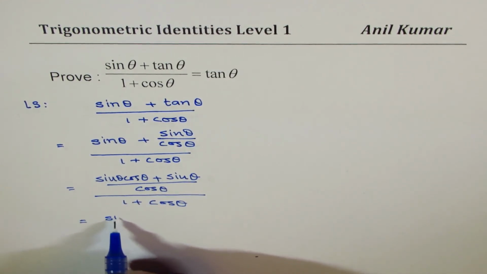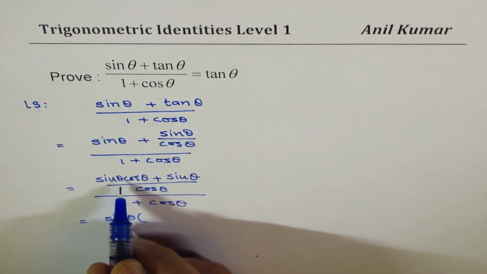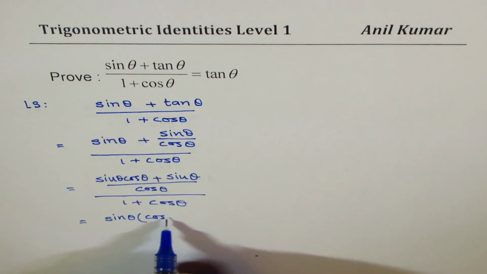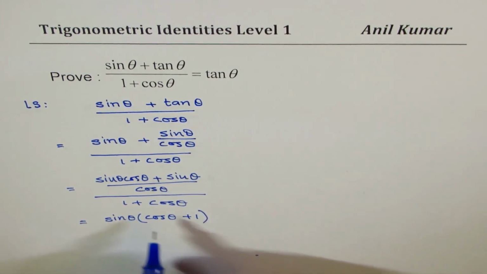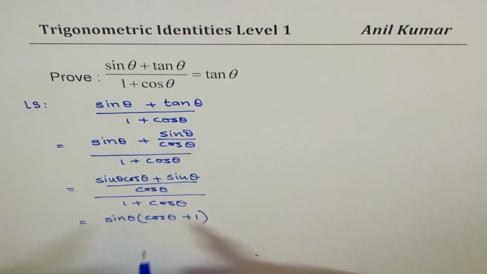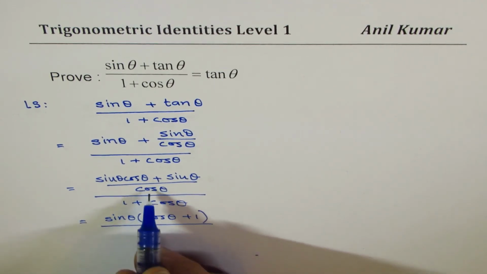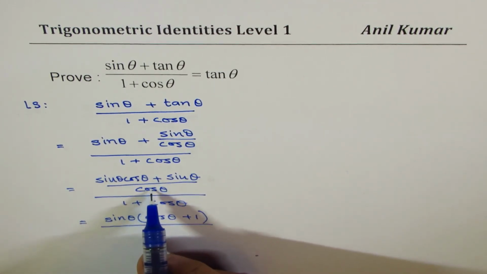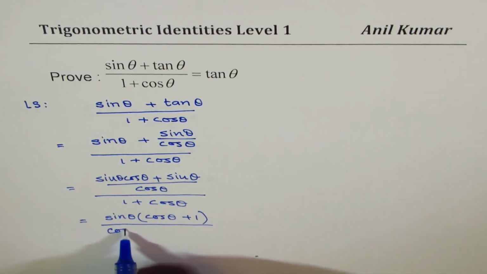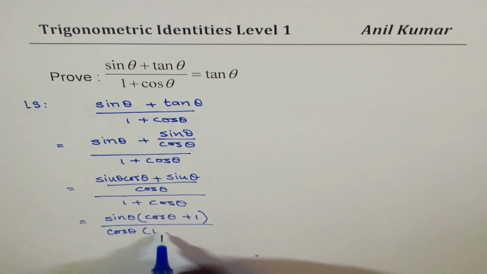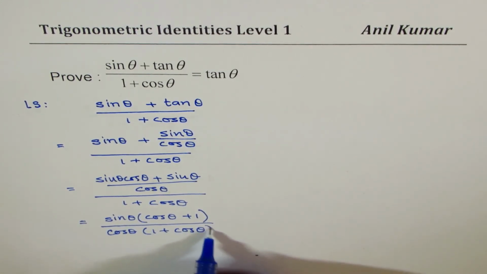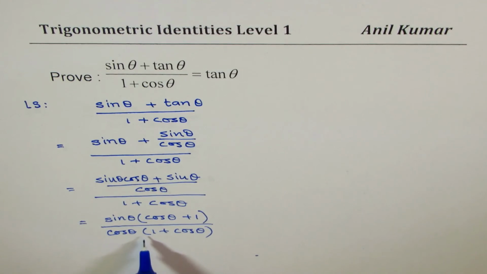So taking sine theta common, we get the term cos theta plus 1, right? We have 1 plus cos theta in the denominator also. That will now cancel, right? This cos theta comes in the denominator, so we have cos theta times 1 plus cos theta, correct? Now cos theta plus 1 and 1 plus cos theta cancel out.